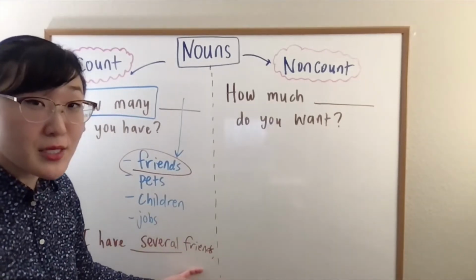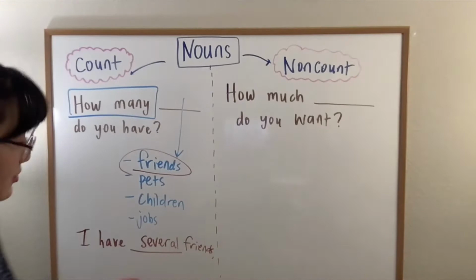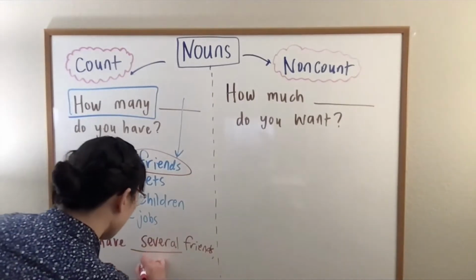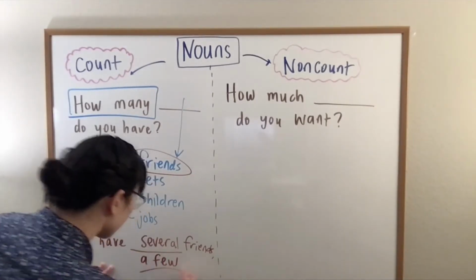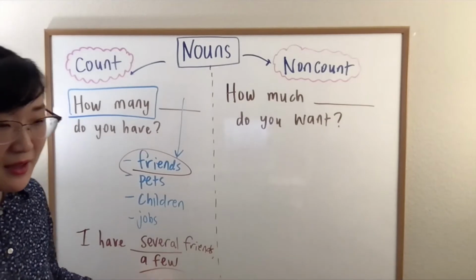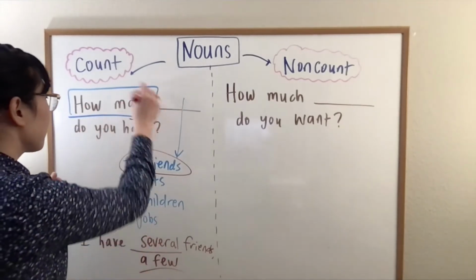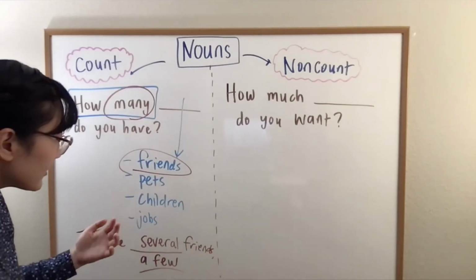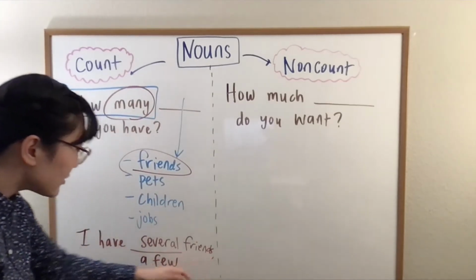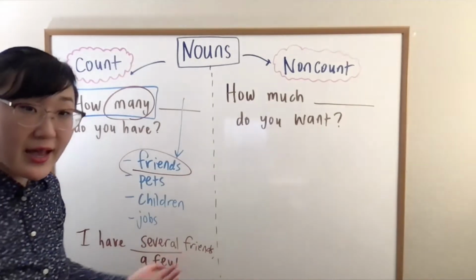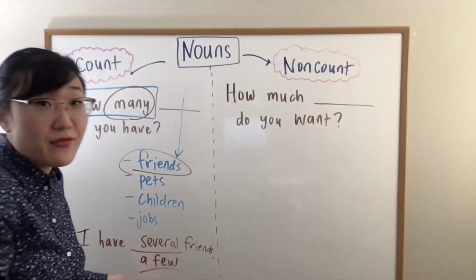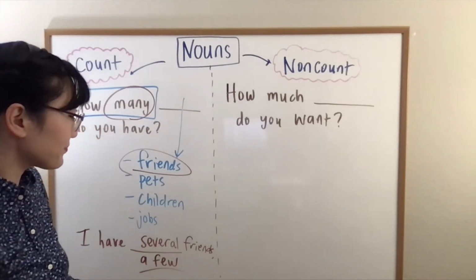You can use this for any countable noun. I have a few friends, meaning not too many, right? Or you could say I have many friends, right? When you respond, before your countable noun, you can say I have many friends, I have several friends, or I have a few friends, okay?